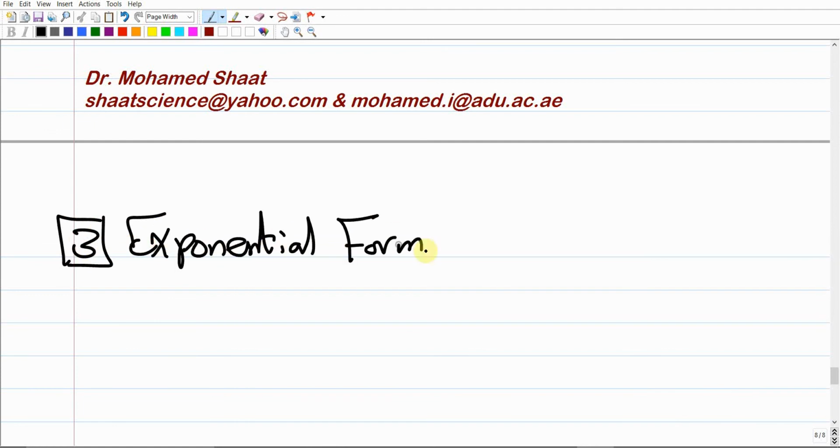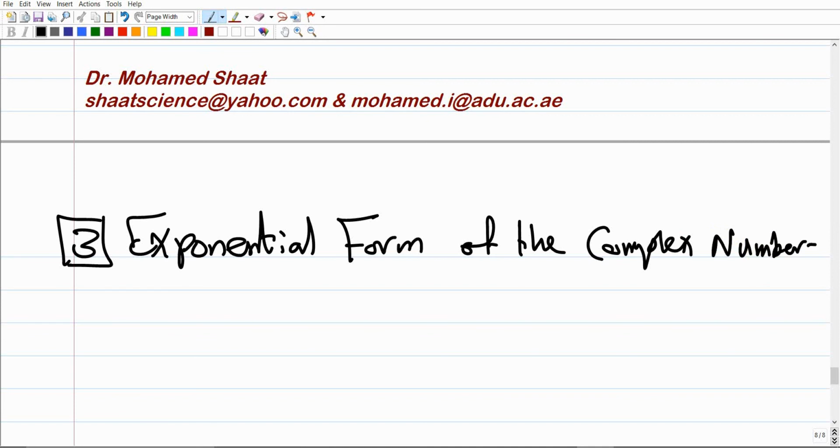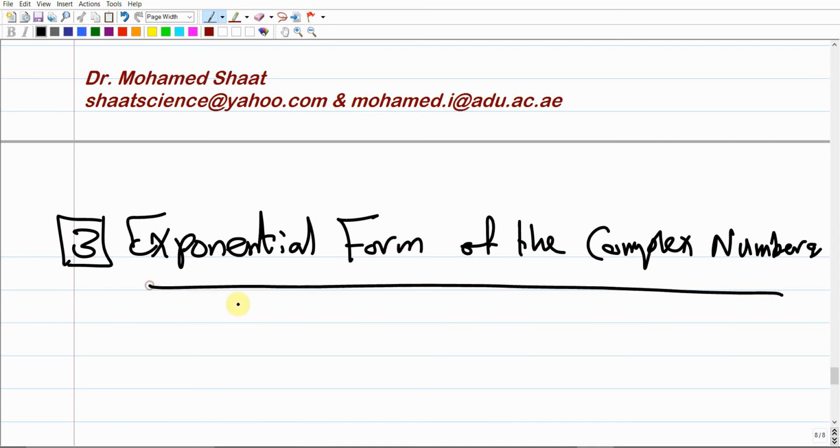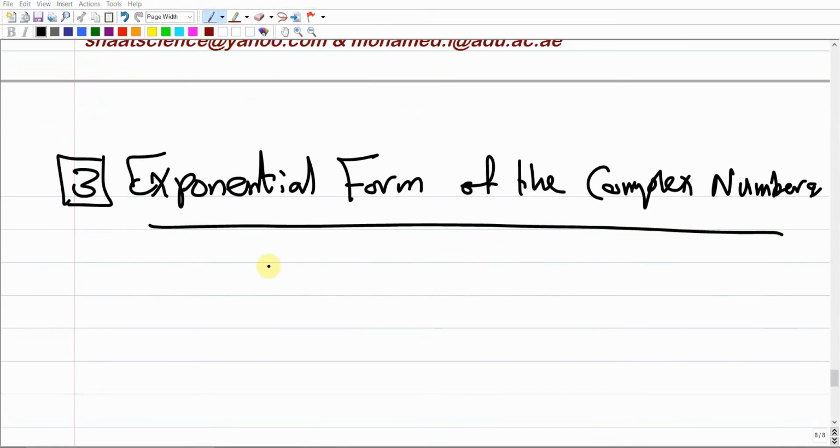There is a third form here, which is the exponential form of the complex number. In the exponential form, z is going to be the magnitude or the amplitude, times e, which is the exponential, to the power j theta.